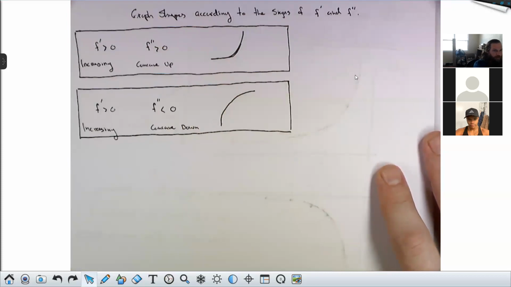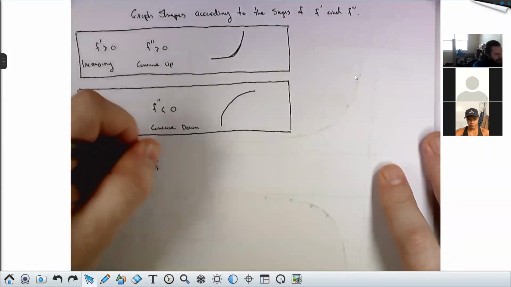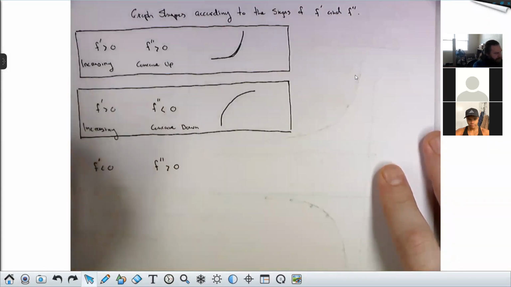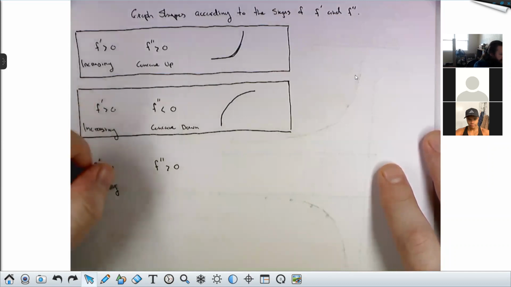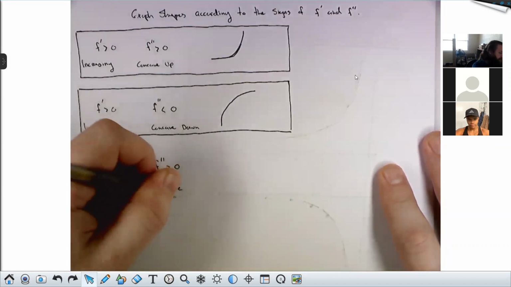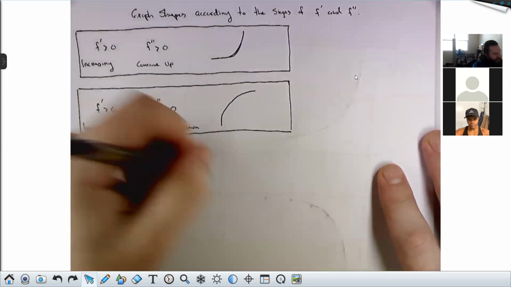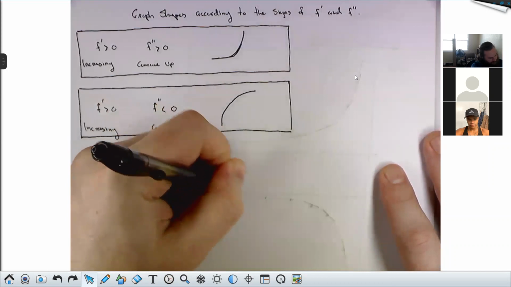What are the other permutations? Well, if f prime is negative, f double prime could still be positive, which would mean we are decreasing, but concave up. So if you're decreasing and concave up, that looks like this.